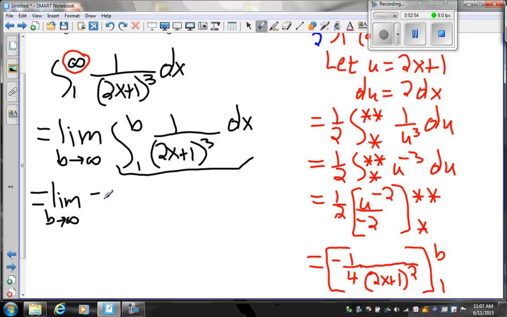So it's negative 1 over 4, (2x plus 1) squared, evaluated from 1 to b.